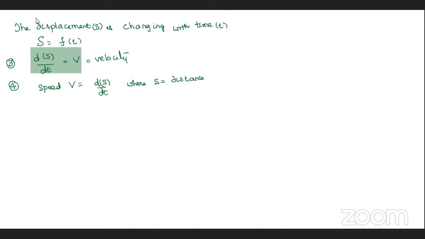To find out the speed, I'm going to use this fourth formula, same as velocity, but there s is displacement and here s is distance.